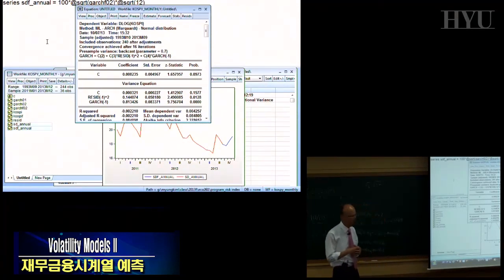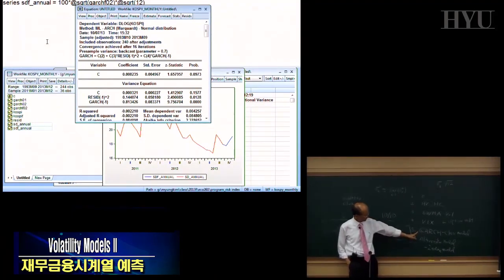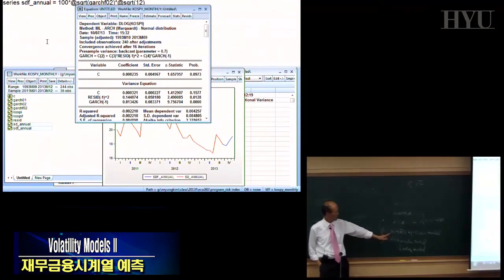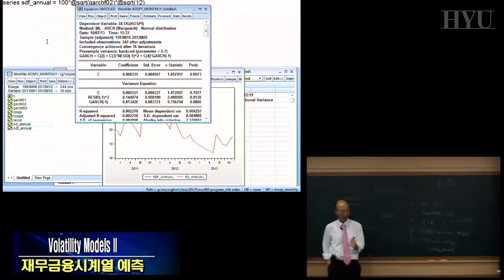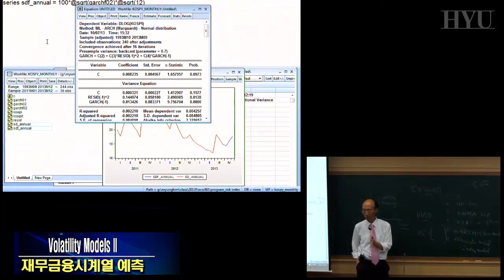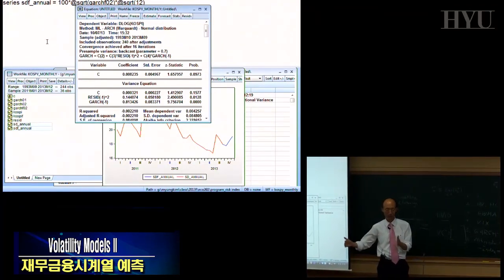So when we meet next time, we will learn more alternative models to this one, or the extension in the univariate framework and multivariate framework. We'll learn the basic principle. As long as estimation can be done every time, that's fine.